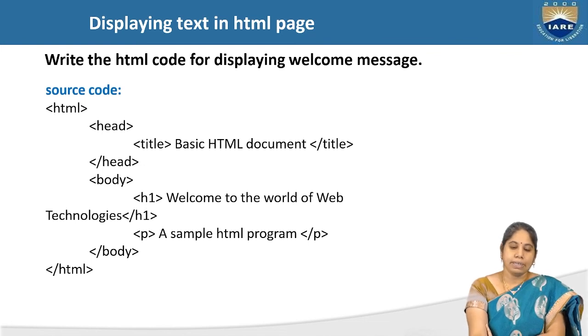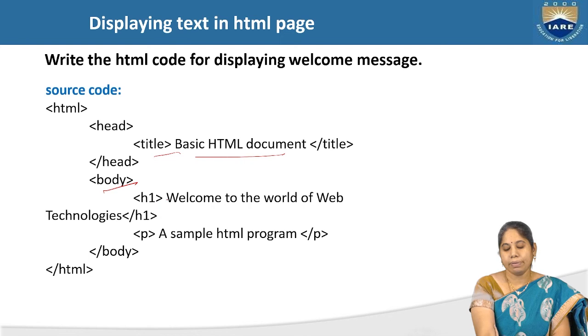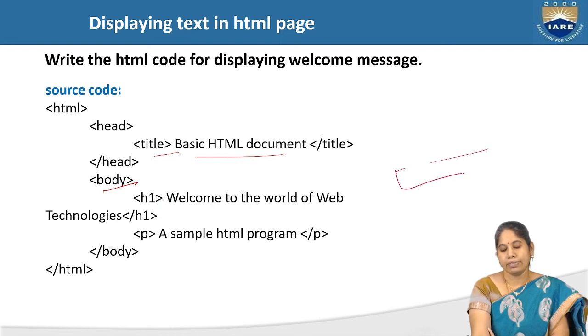And this is a sample displaying text in an HTML page. This is a sample HTML web page: HTML, head, title, basic HTML document, closing the head tag, and body. Using the H1 tag element shows that this is heading 1, and heading 1 will appear very big.